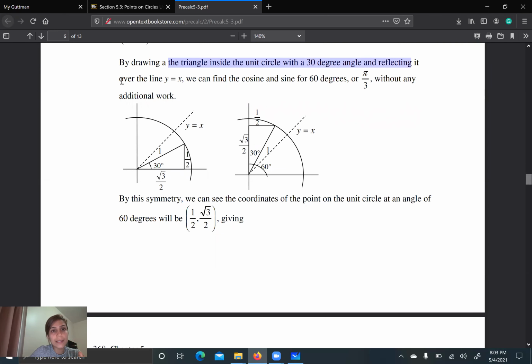Now reflect it over this line, y equals x, the identity function. We can draw this new triangle, right? There is an argument if I want to. It requires a little more explanation, but basically we are using symmetry.